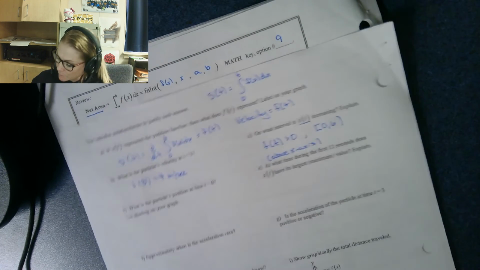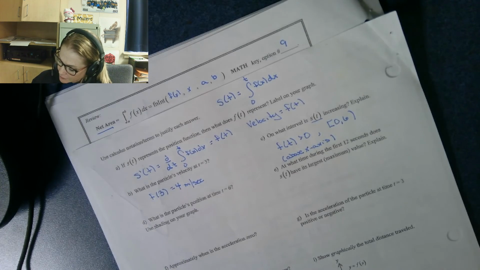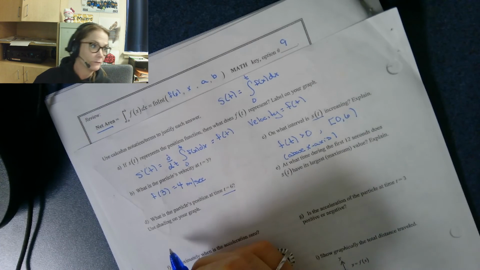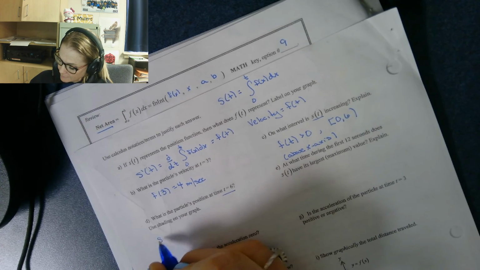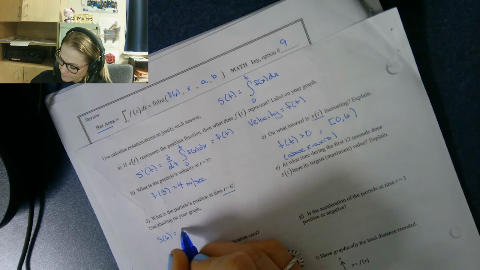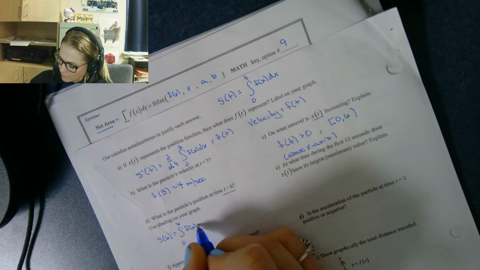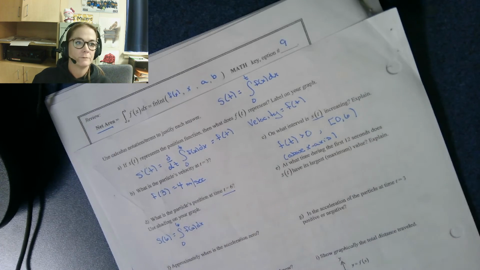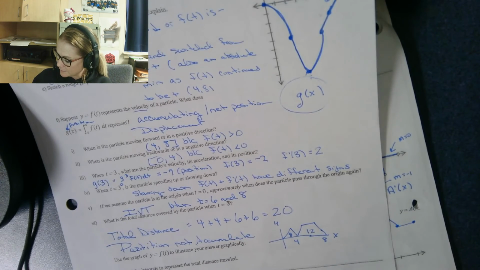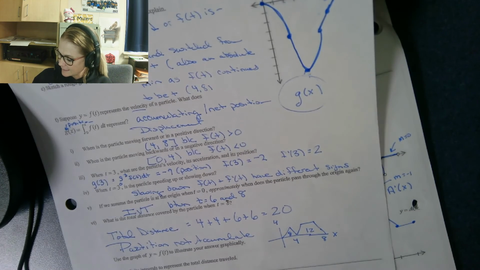Okay, the next one, what is the particle's position at time 6? Okay, so my position function is s of 6, the integral from 0 to 6 of f of x dx. So I want to get the area under the curve from 0 to 6 here. And luckily that's a nice little triangle. So 6 is the base, 2, 4, 6, 8 is the height.